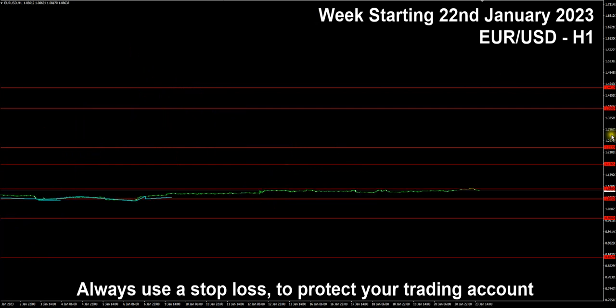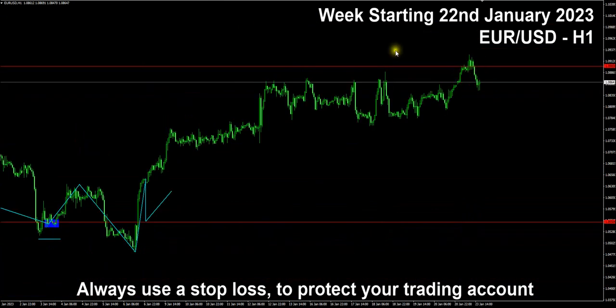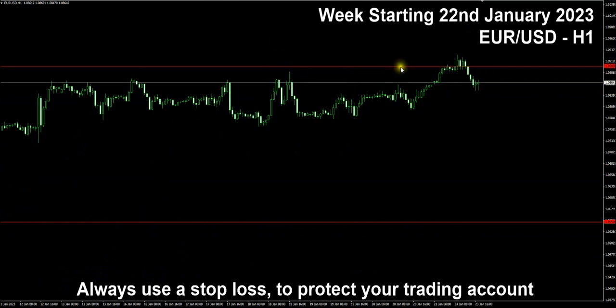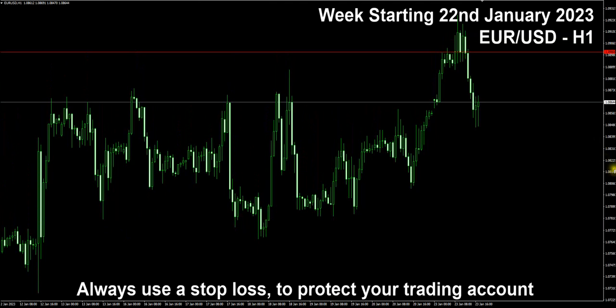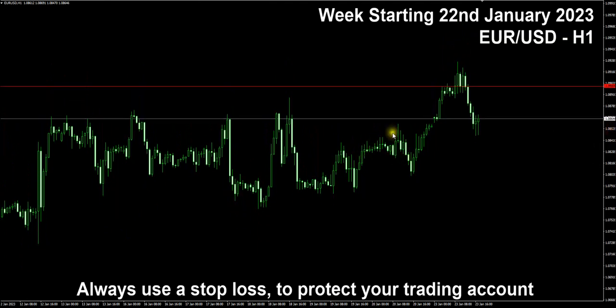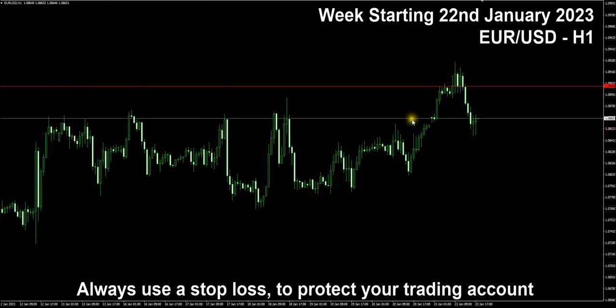So let's go back to the hourly chart, and this is where we are today. How do we trade this kind of strategy? Well, if we zoom up a little bit closer, if you were to look back on my videos, you'll notice that time and time again, almost on every single video, I talk about how I want to see price come up to a certain level, and then I want to see price stalling.